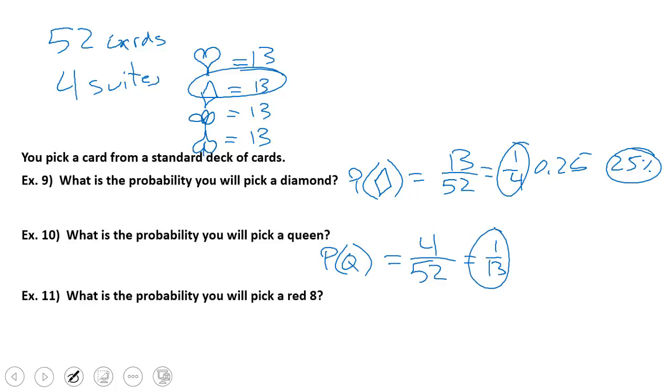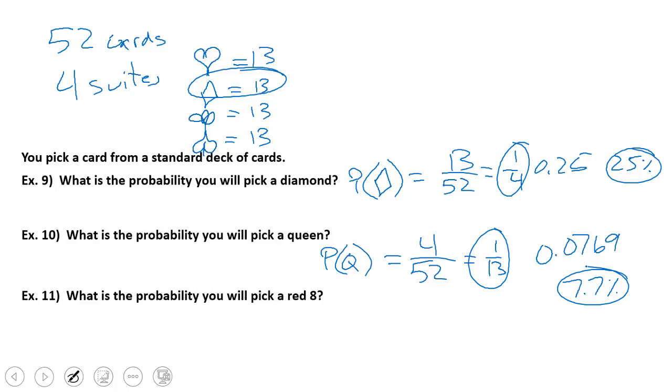If I do the math on 1 out of 13, that's 0.0769 or 7.7% chance. That's very, very, or highly unlikely that we will pick a queen. It's possible, highly unlikely.